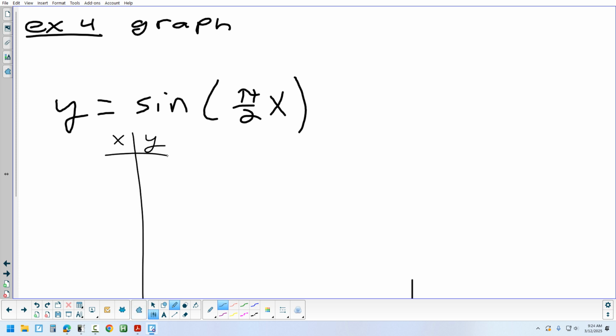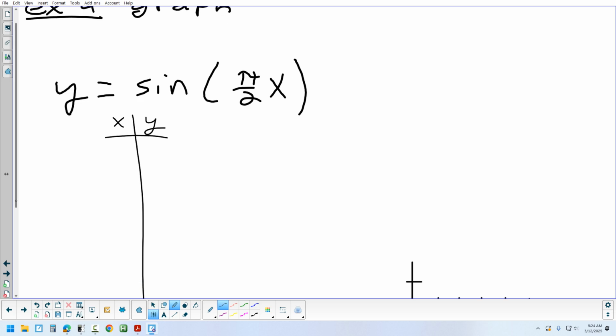What column is going to stay the same? The y. And what are my y values for sine? 0, 0, 1, 0, -1, 0. Okay. So we got our y's. First x value is going to always be 0. So that should be an easy 6 points in the table right there.